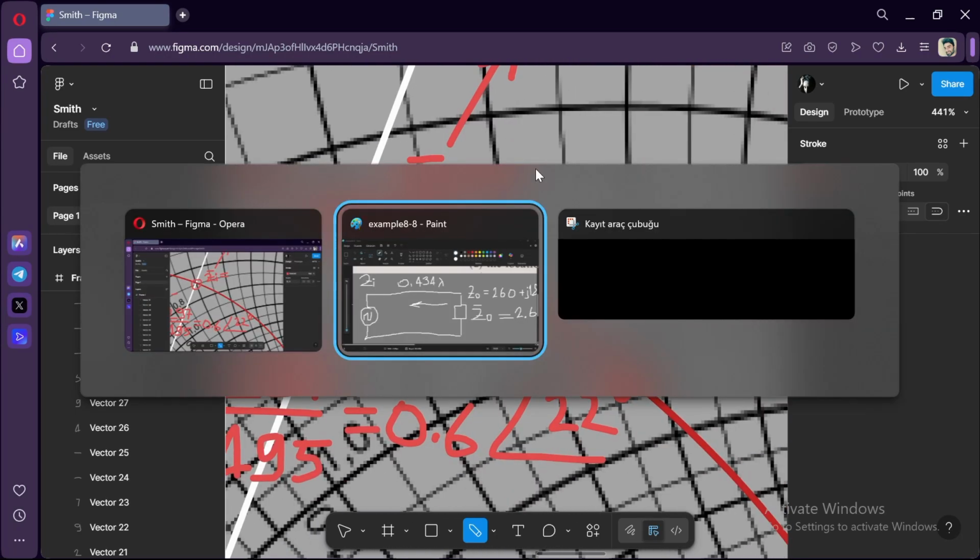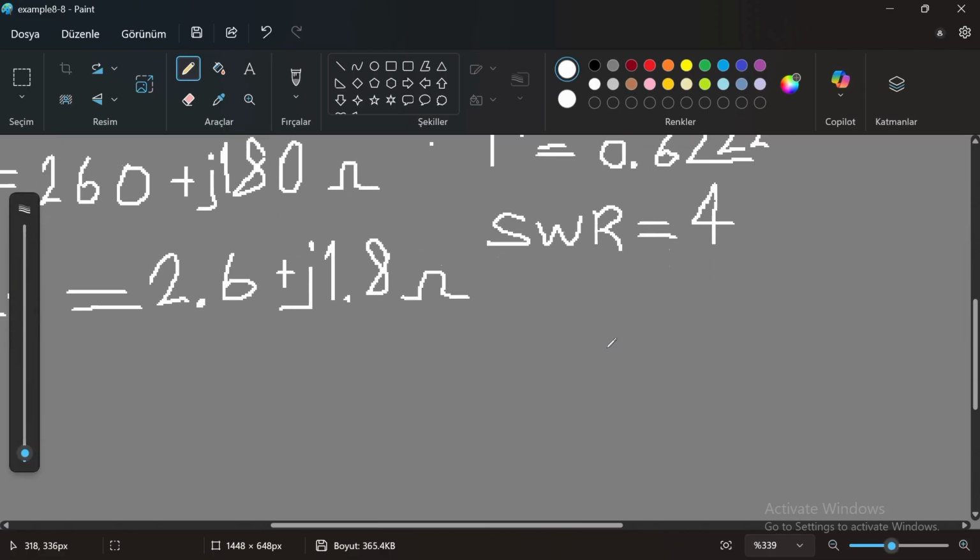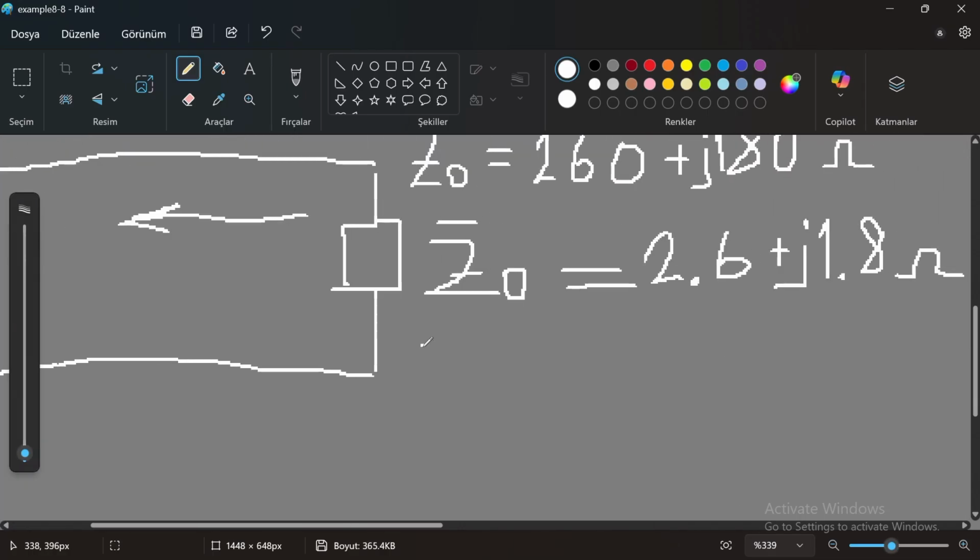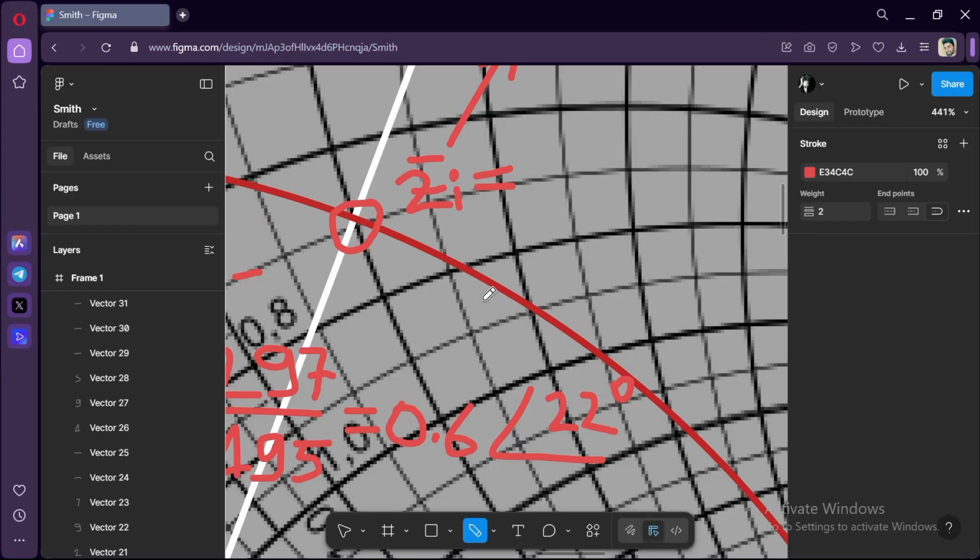Let me write it here. This is normalized. Real value is 0.7. What about the imaginary value? It is this one.